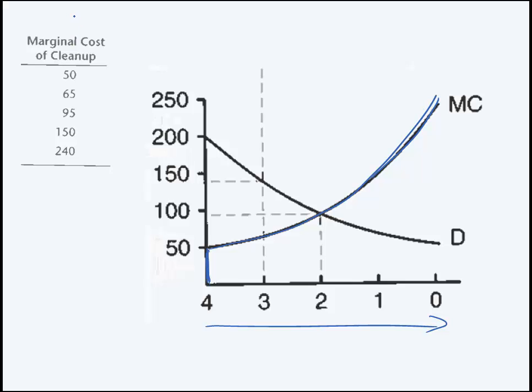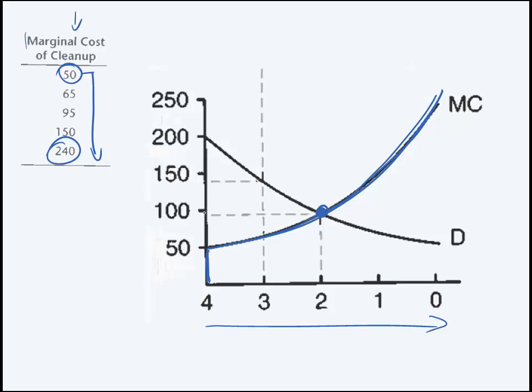Now you can see in the table there was a column called marginal cost of cleanup, and you can see it starts initially low and then it increases quite drastically. It's because initially there's a lot of pollution, so it's easy to take some out, and as the pollution decreases, it gets more and more expensive to take the pollution out. And that's why this curve has a positive slope.